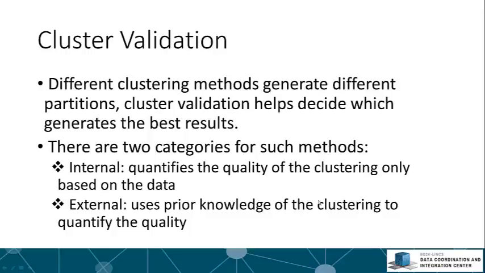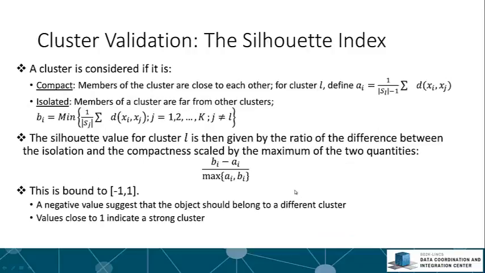So I'm going to give you an example of an internal cluster validation technique called the silhouette index. In the silhouette index, the quality of a cluster is deemed to be high if it's both compact and isolated.